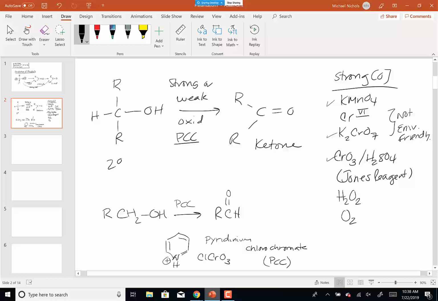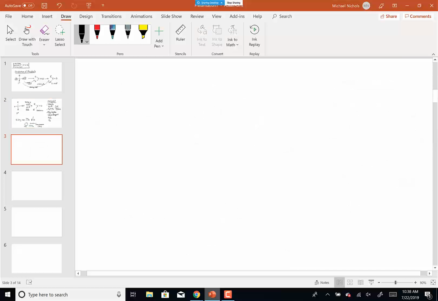So that's what the oxidation of alcohols involves. So if I said, for instance, I want to take this primary alcohol and I want to form a carboxylic acid out of it, you could say any of those reagents.